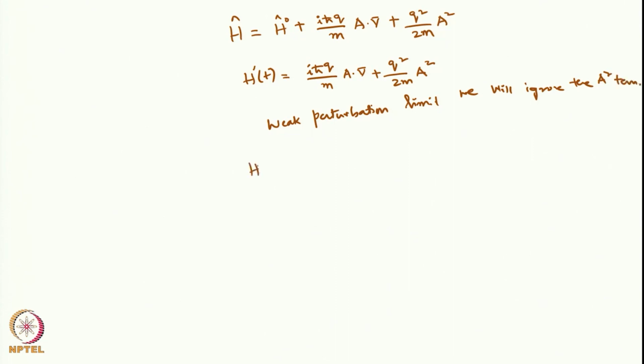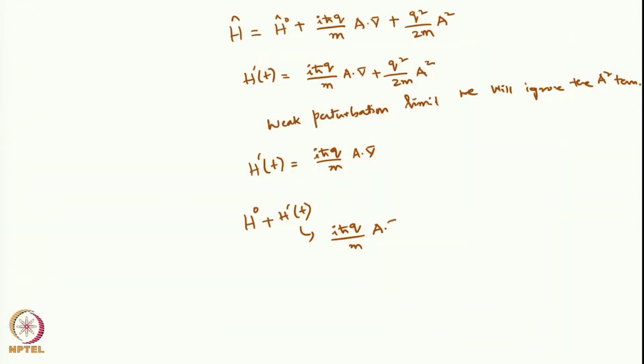Therefore, H prime of t will be equal to ih bar q by m A dot del. That is your perturbation Hamiltonian. So your total Hamiltonian is nothing but H naught plus H prime t. H naught is the molecular Hamiltonian, and your time dependent perturbation is just given by ih bar q by m A dot del.